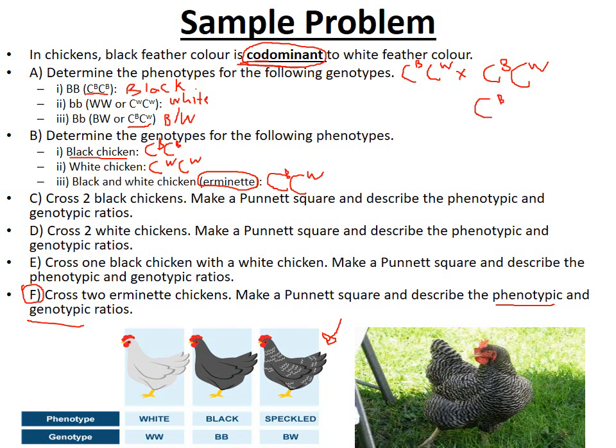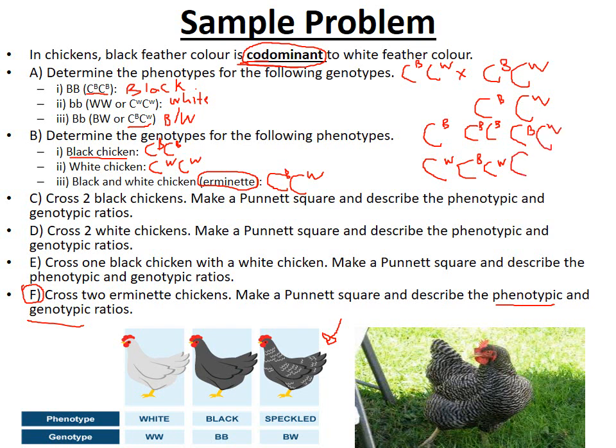Put your alleles on top and the side. So CB, CW, CB, CW. And do the fertilization events. So CB, CB. There's our first black chicken that we get. CBCW. There's our erminette chicken. CBCW. There's another erminette chicken.